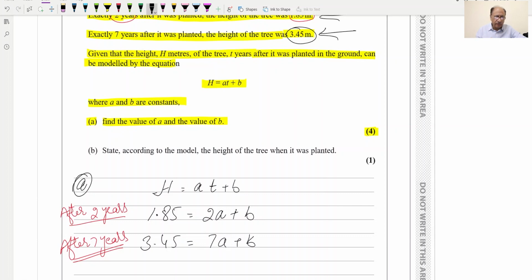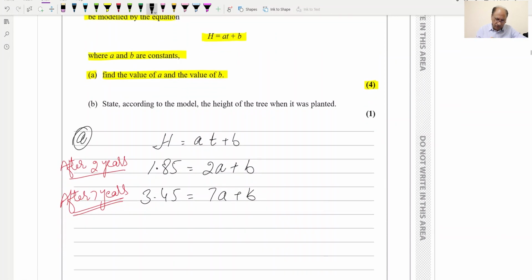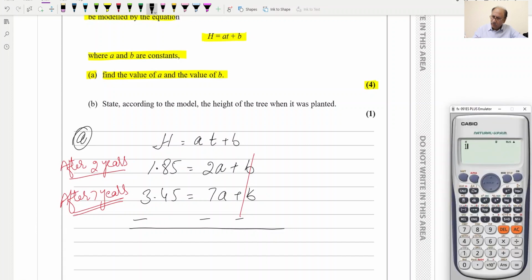And now we can see that the coefficients of b are equal, so simultaneously we can subtract and cancel, the elimination method. So we'll make a line, change sign for all the variables and constants, and basically these two will be cancelled, and 1.85 minus 3.45 will result in minus 1.6.